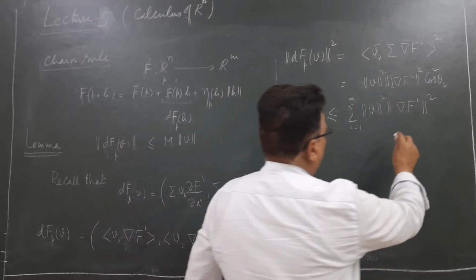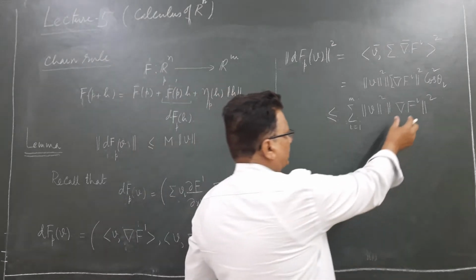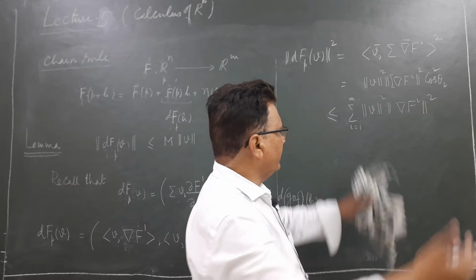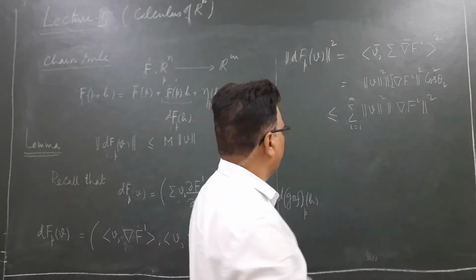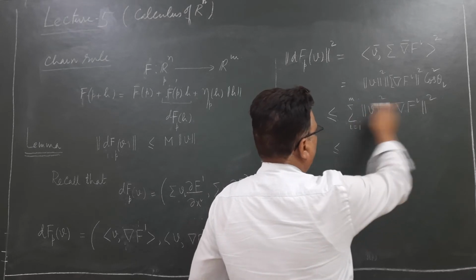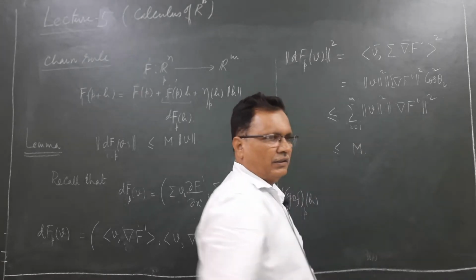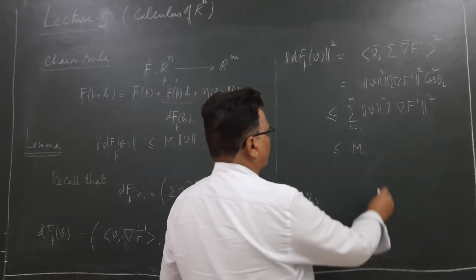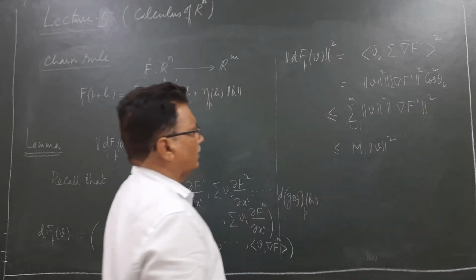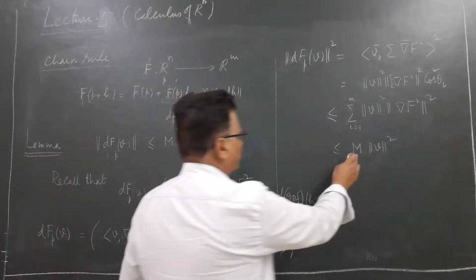Now this quantity, because they are finite partial derivatives, its components are partial derivatives. So derivatives are finite. When you take the norm, you will get some finite number. When you take the sum, it will also be finite. So let me call that number M square into norm of v square. So this is some finite number.